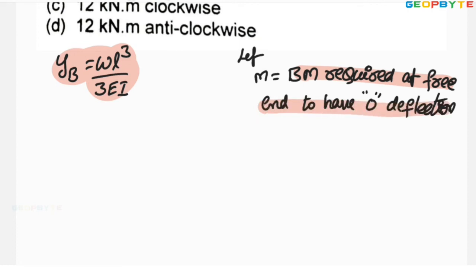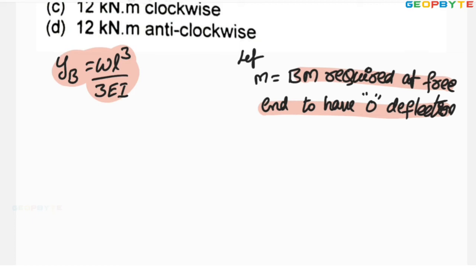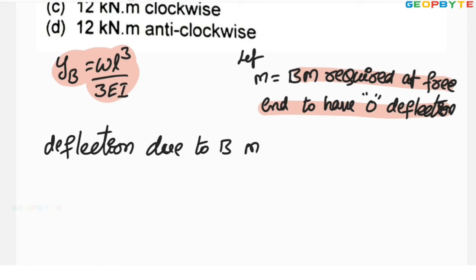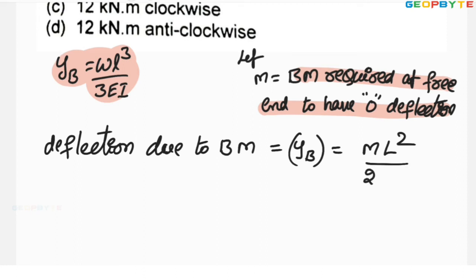Then the deflection due to bending moment, that is YB, is equal to ML square by 2EI. That is the deflection due to bending moment M.